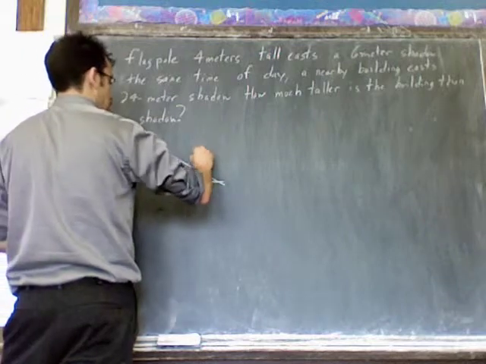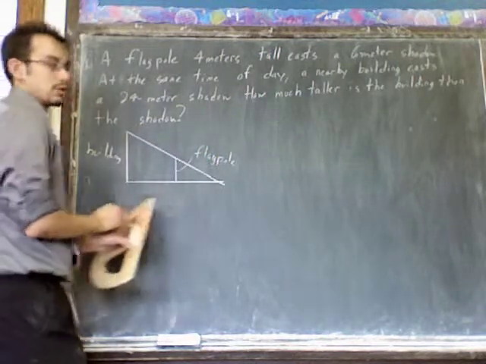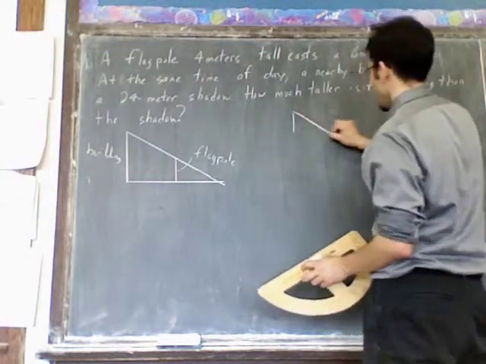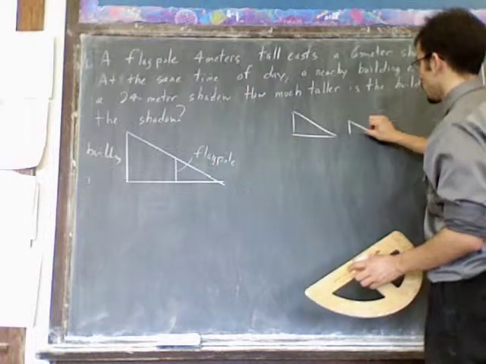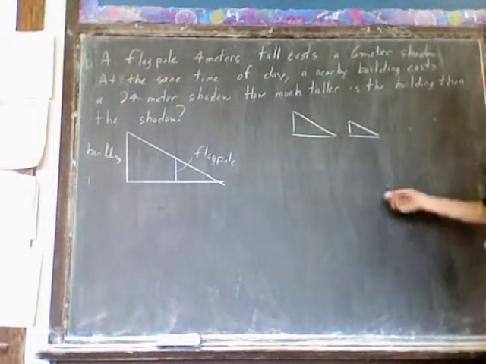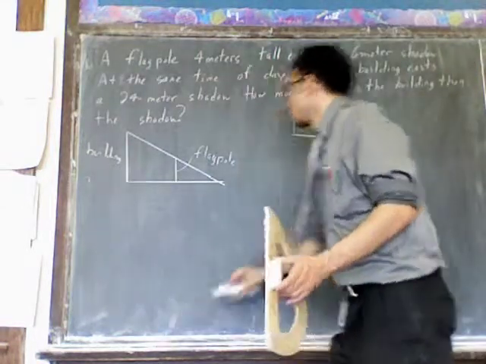That's my flagpole. The other thing you could do is draw two separate triangles. That's fine too. You can draw one triangle there, and then a smaller one, and this would be the building, and this would be the flagpole. Either one works. I'm going to work with this one because I think it takes a little less space. I like it a little bit better.